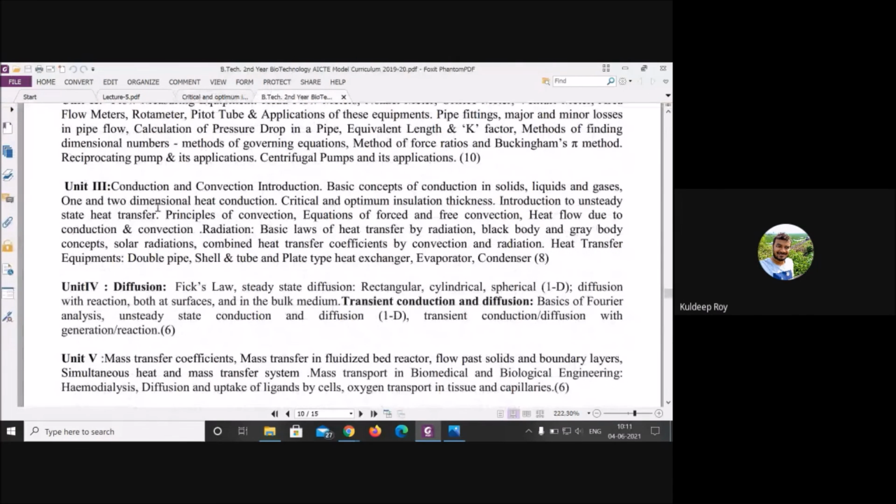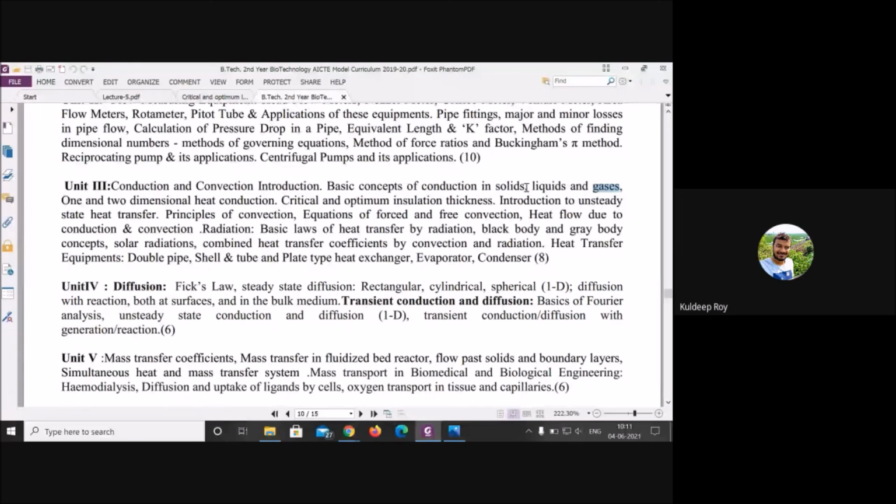And if you are talking about your syllabus, we have covered conduction, convection introduction, and the basic concept of conduction in solids, liquids, gases, where we talked about how the heat transfer occurs. I think you know, in solids, lattice vibration and random molecular motion; in liquids, random molecular motion; in gases, random molecular motion.